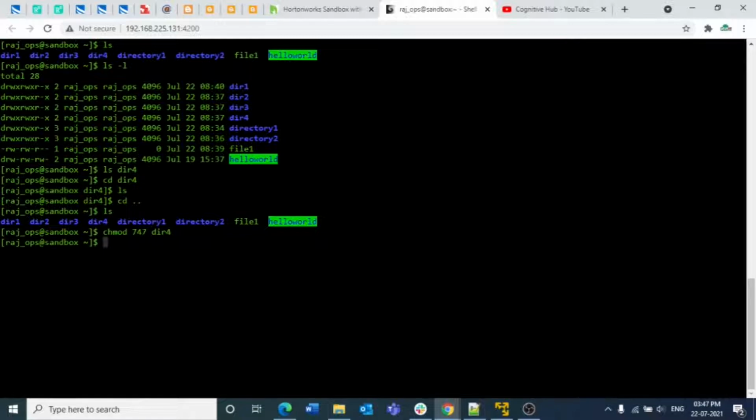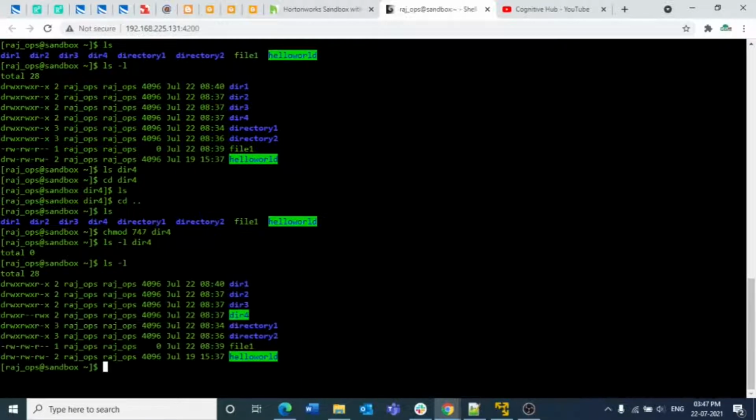So if I enter, the permission was changed. If I give again ls -l dir 4, okay, ls -l. So if you observe here, previously we had this syntax with permissions for users and groups: read, write, execute permissions.